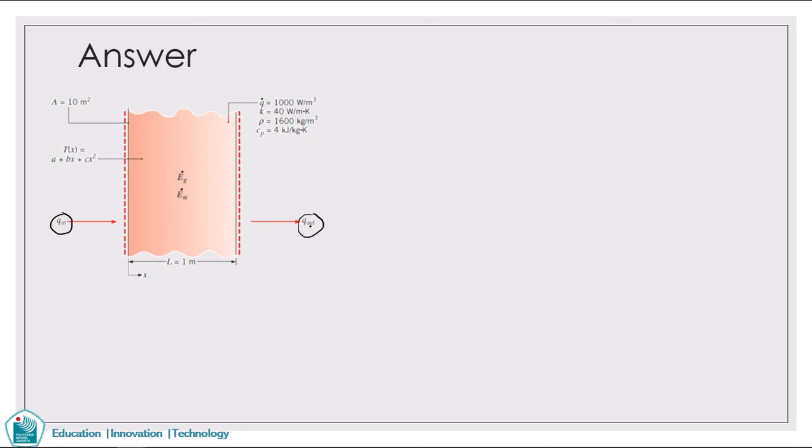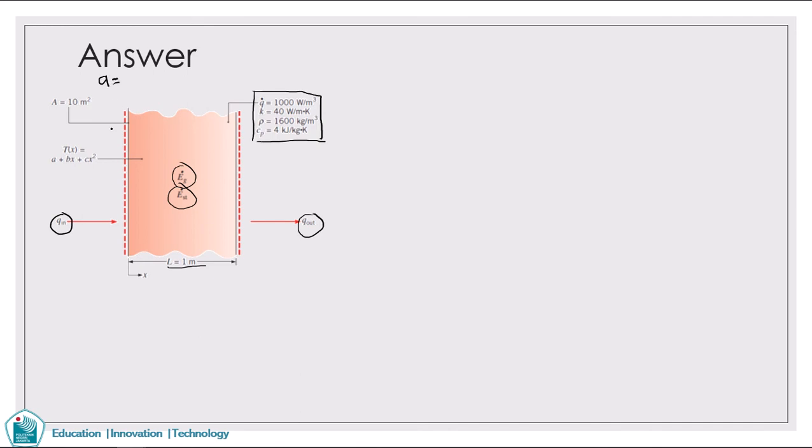This is the first question, and all the parameters are written here. And this is the function of the temperature distribution. There will be heat generation and heat stored, and the thickness of the wall is 1 meter.